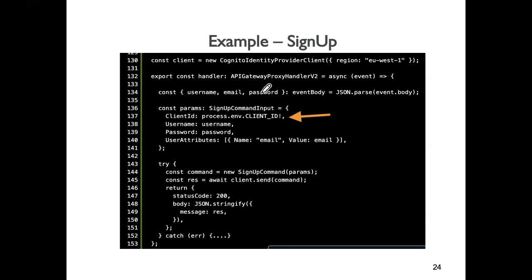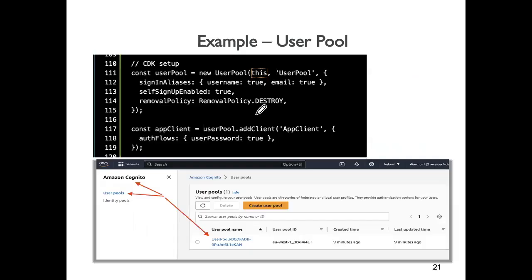Then we're creating, as I said, a sign-up command instance. This property here is a reference to the Cognito user pool client that we created in our CDK stack, which is this one here.